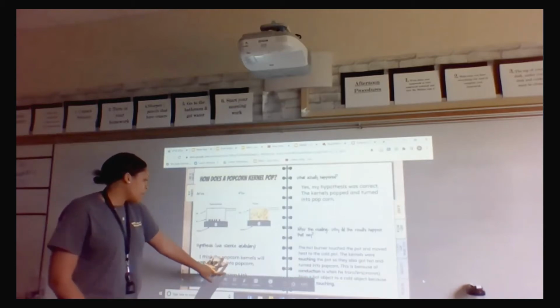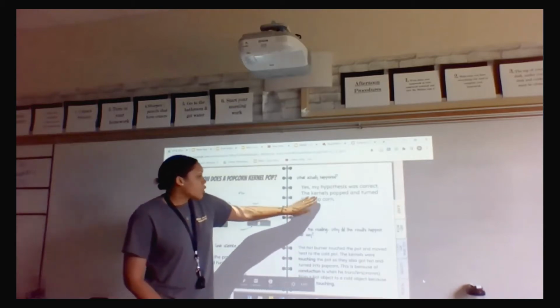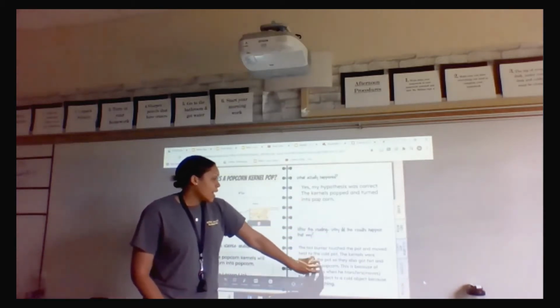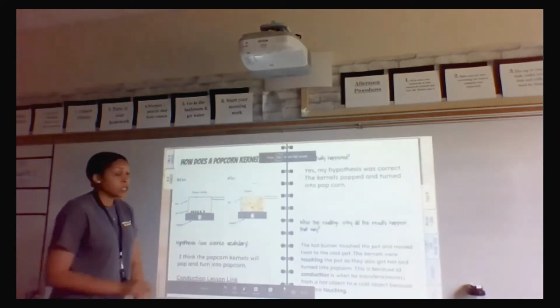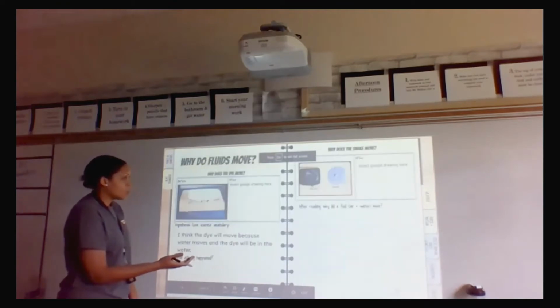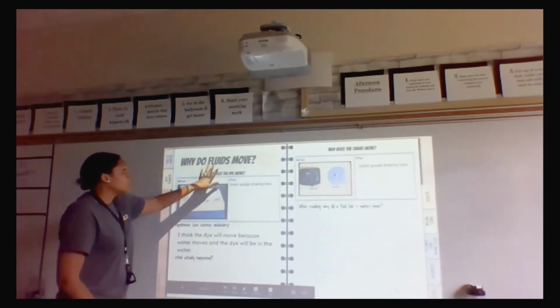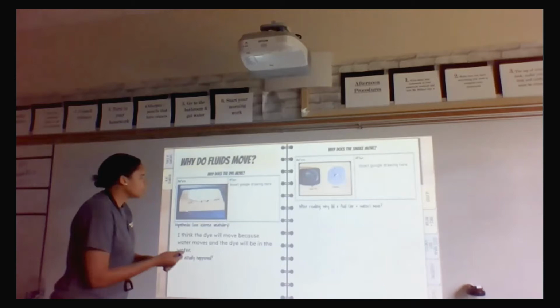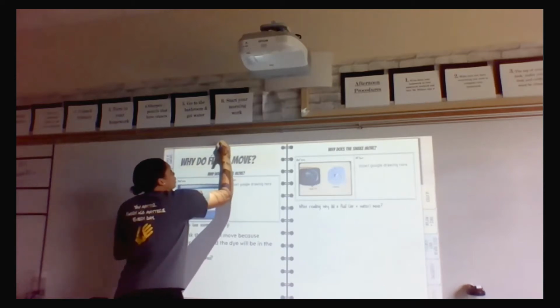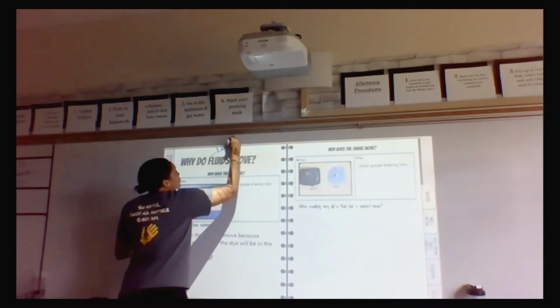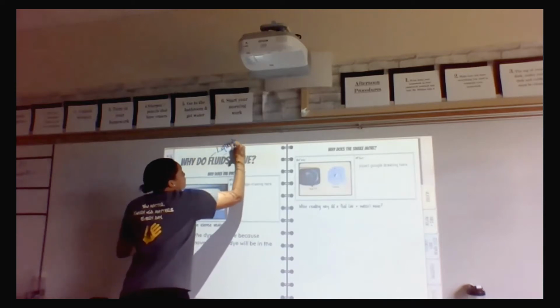Okay, I filled in my hypothesis from yesterday, what actually happened, and the results. Now we're going to go to the next page, which is why do fluids move? And also what you should know is that fluids are liquids and gases.